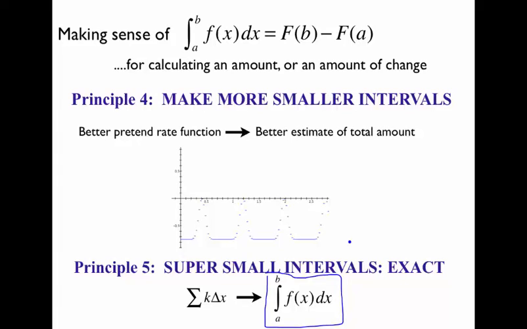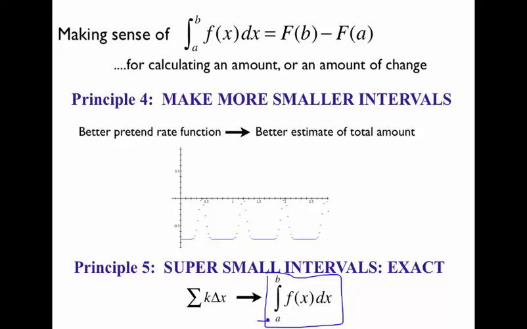So the a and the b are what? In terms of calculating an amount of change, what are a and b relative to? Is it the number of intervals? No, it's like the domain. Are they x values or y values? They're x values.